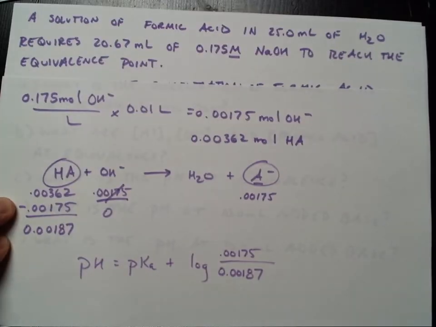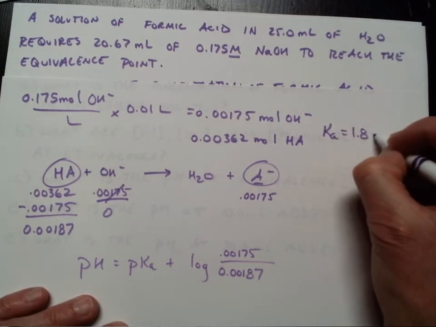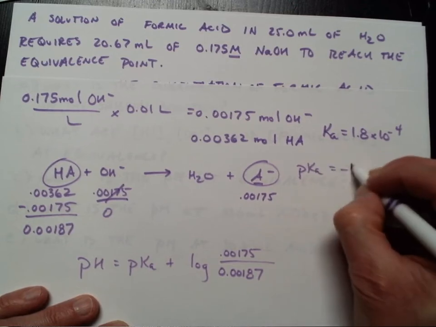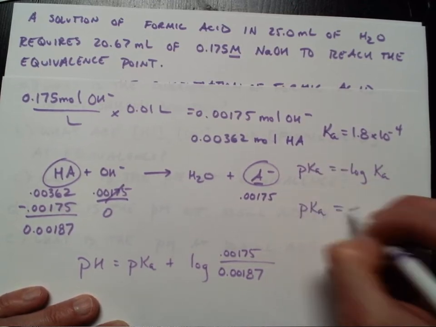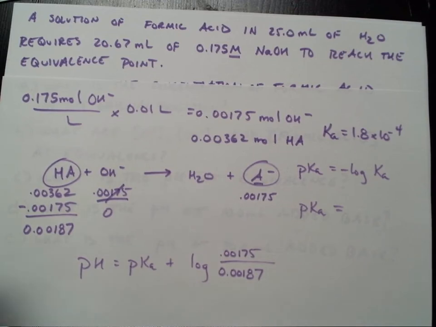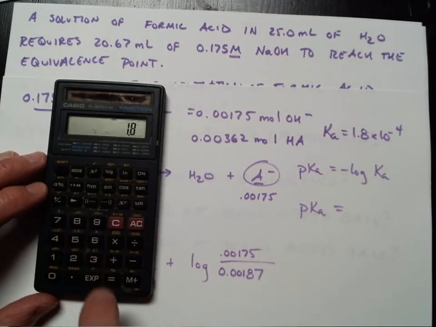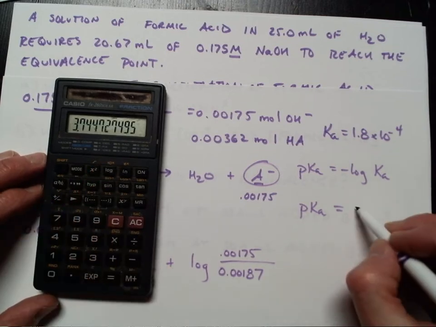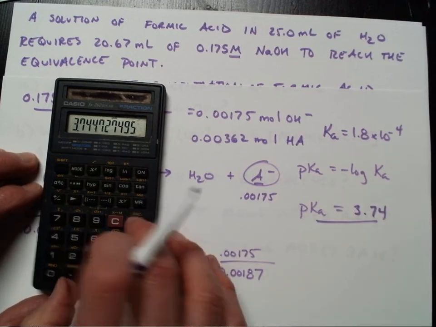So the pKa will be about 4. Let's figure it out exactly. pKa is the negative log of the Ka. So my pKa is going to be 1.8 times 10 to the negative 4. Let's take the log of that, make it positive. 3.74 is the pKa of formic acid.